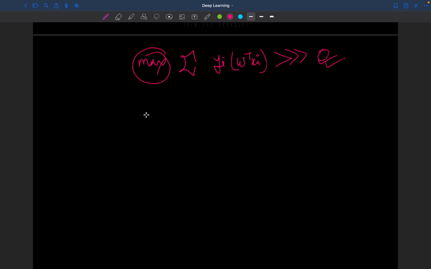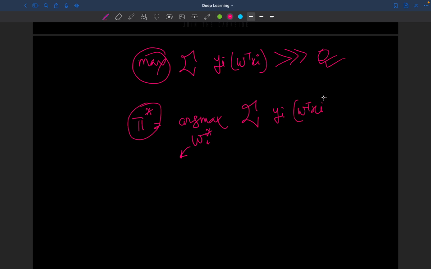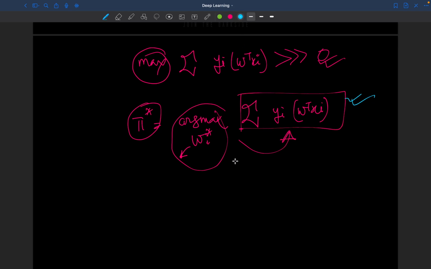So the equation becomes: the plane equals argmax over w, where w star is the normal of the best possible plane, of the summation of yi w transpose xi. We are trying to maximize this. So this is what logistic regression is in its geometric approach.